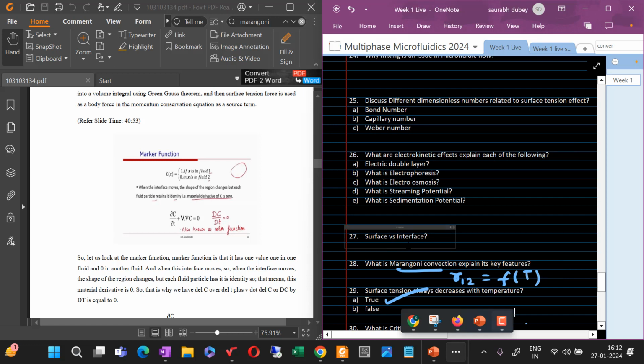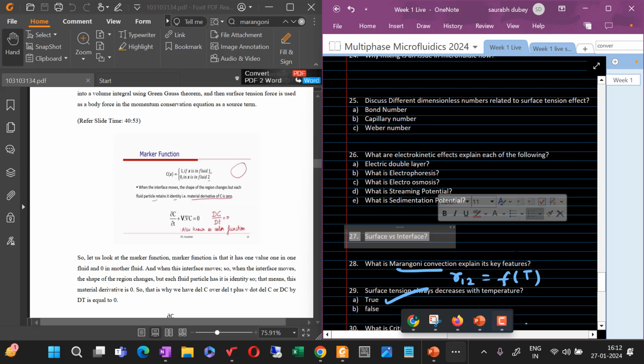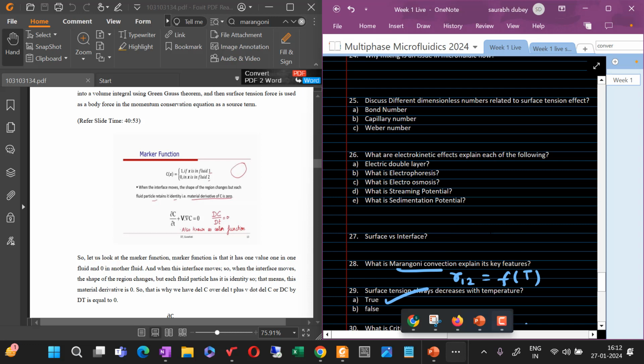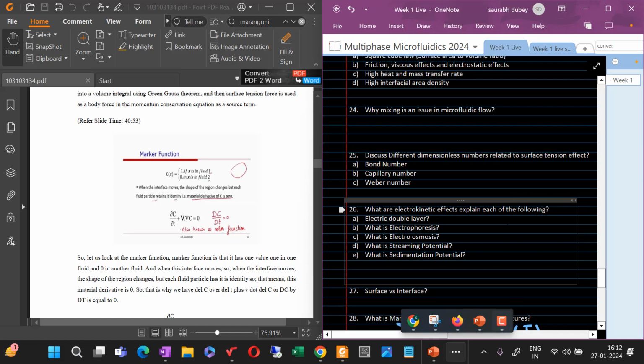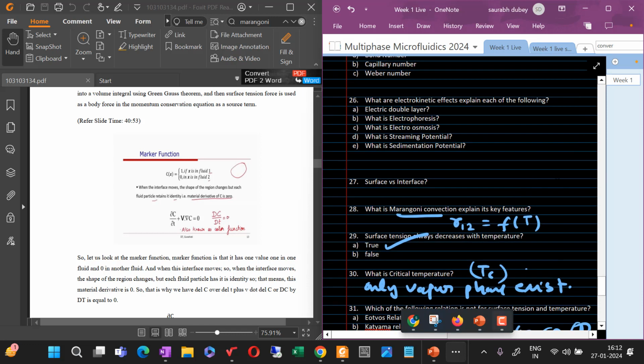And then the very basic question: what is the difference between surface and interface? Just some words that you can tell about interface. An interface is between two fluids, and the surface, when we talk about it, can be of a single fluid itself.